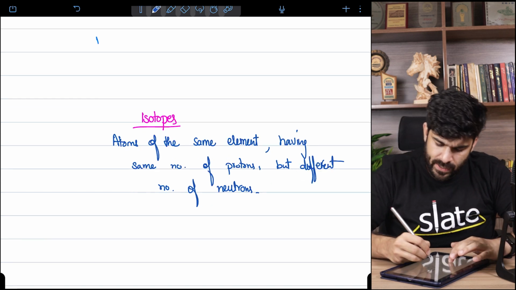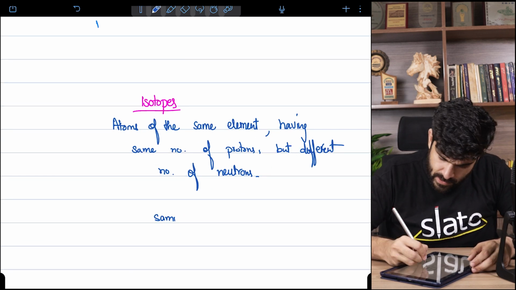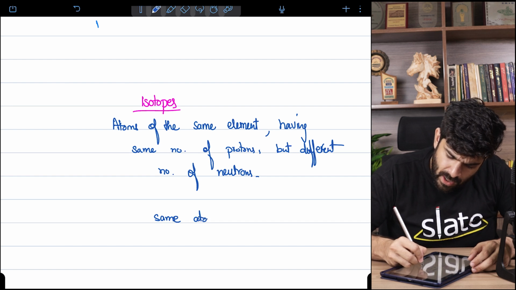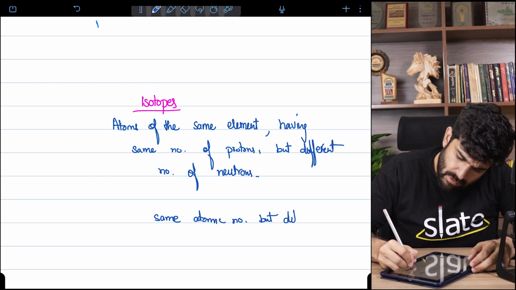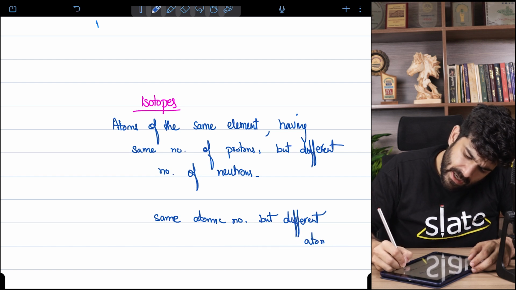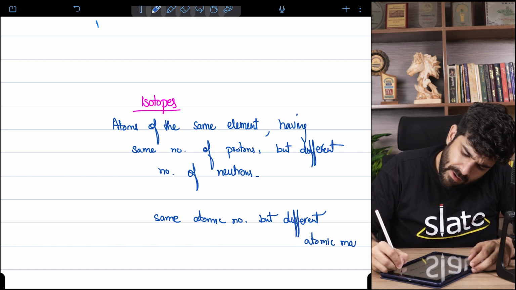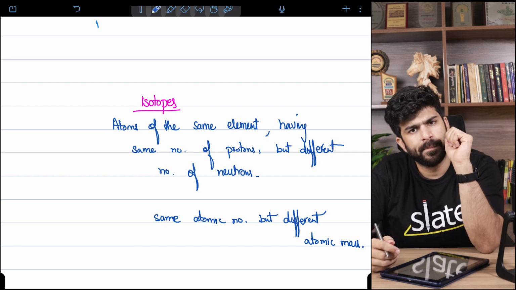Or you can say same atomic number but different atomic mass. We know that. This is something we know already.